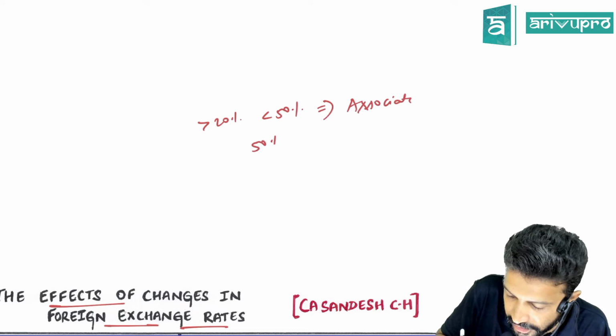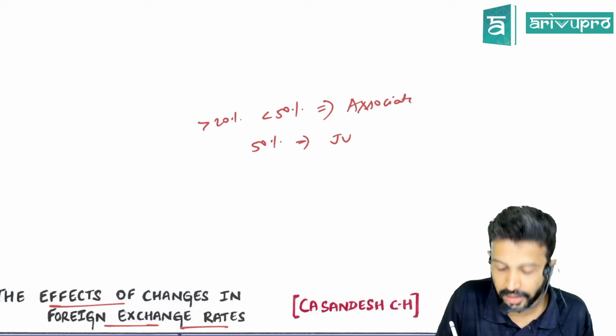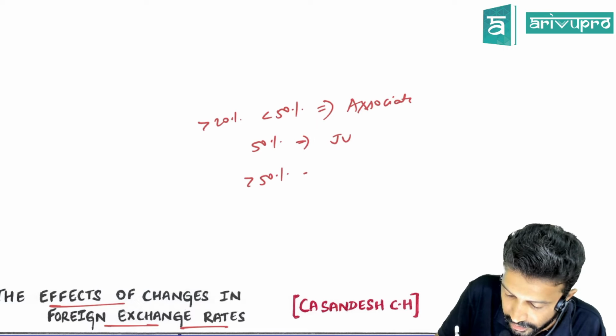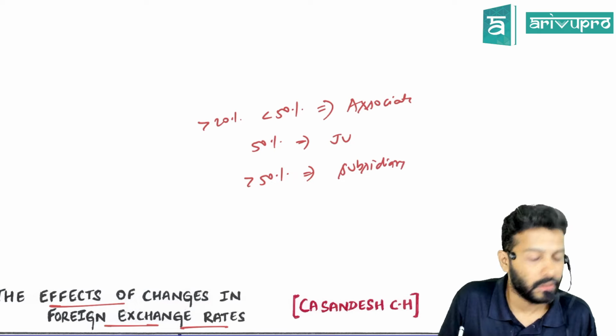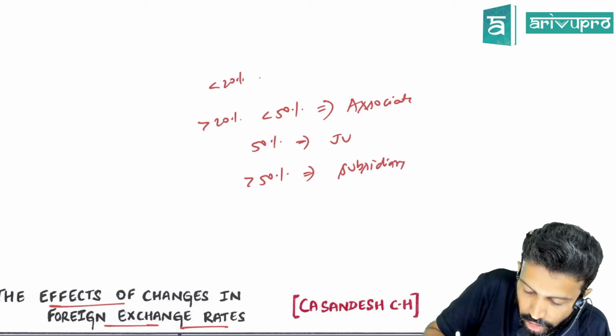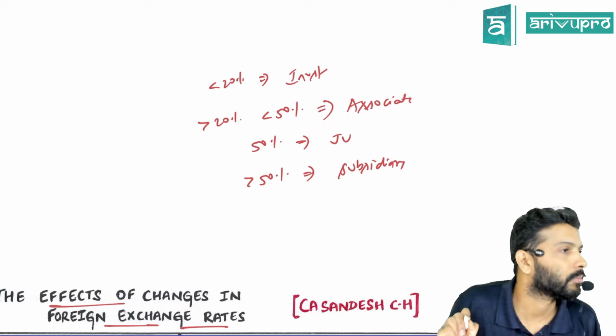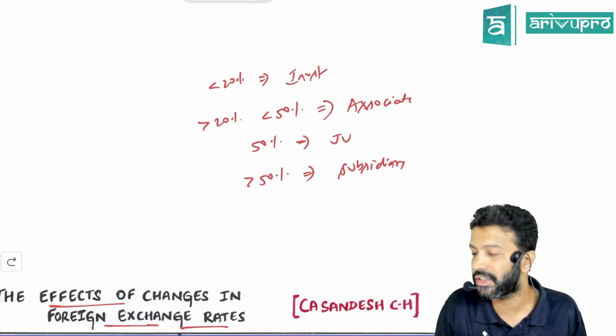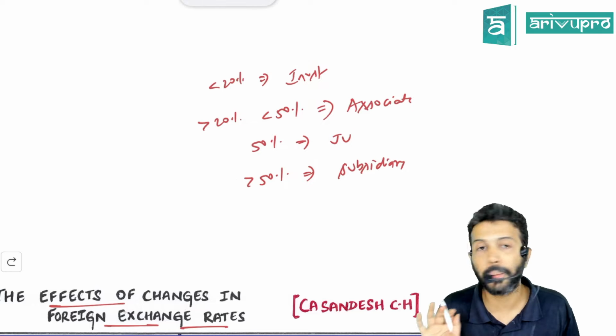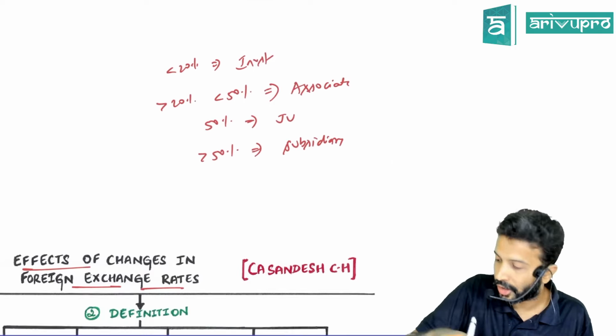At 50%, it becomes a JV, a joint venture. More than 50%, the other company becomes your subsidiary. If it is less than 20%, it is your normal investment. For each of them, we have a different standard which talks about it. Okay? All right. So that is what is covered over here.